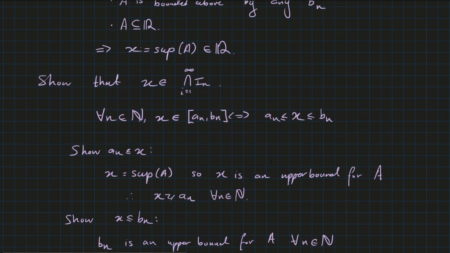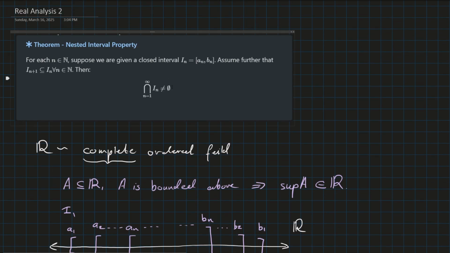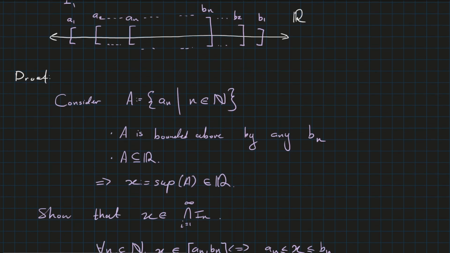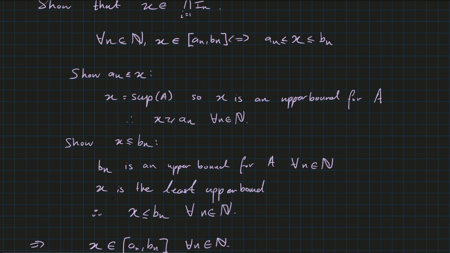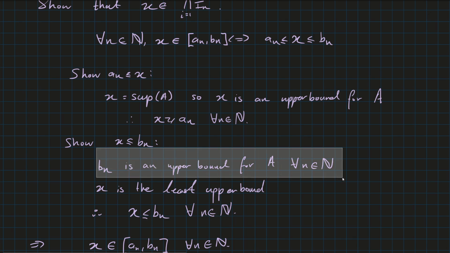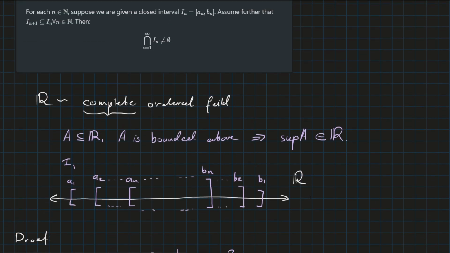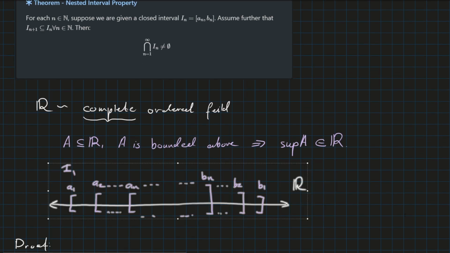We're done. We used the property that the I_n's are nested within each other essentially here, to say that all the Bn's are upper bounds. So they're all nested, and otherwise it's just from the interpretation of it like this.